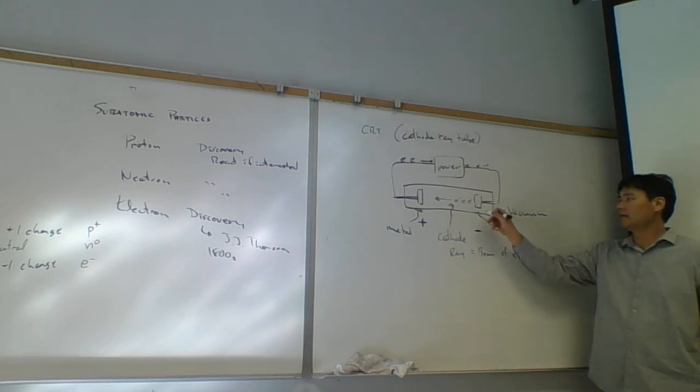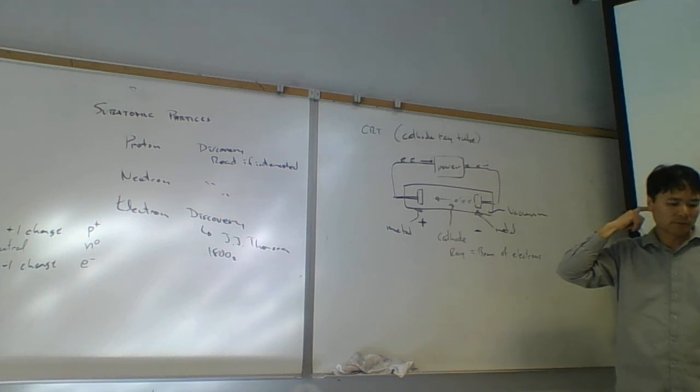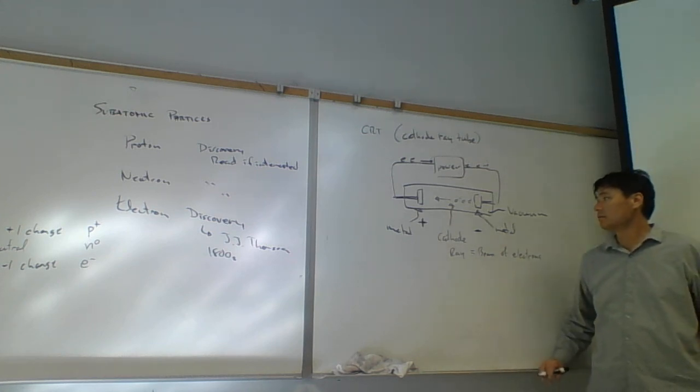One of the things that led them to believe is this. They changed the metal. So, for example, if they used aluminum here, they could try iron or platinum. It didn't matter what metal they used, they always got the same cathode ray beam. And so that meant aluminum, iron, platinum all contain electrons.